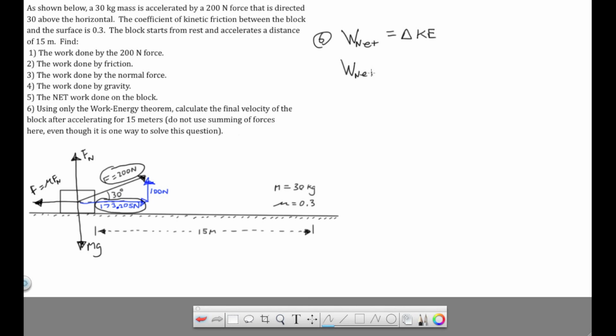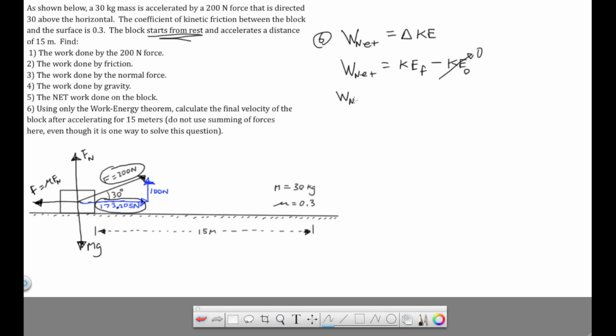And this is kind of a cool equation. So that's going to be kinetic final minus kinetic initial. The initial kinetic energy of the block is 0 because we're told that the block starts from rest, right here.